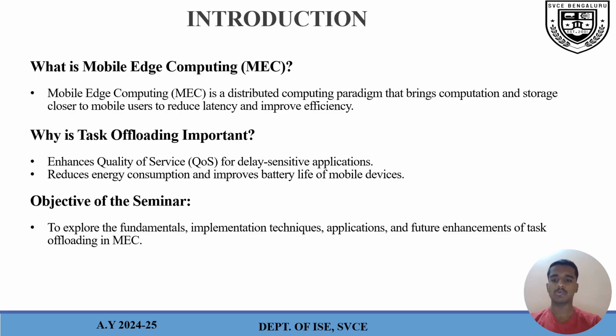It enhances the quality of service for delay sensitive applications, reduces energy consumption, as I've said, and improves the battery life of the mobile devices. So, coming to the objective, we'll be exploring the fundamentals, some implementation techniques, applications, and the future enhancements of task offloading in mobile edge computing.